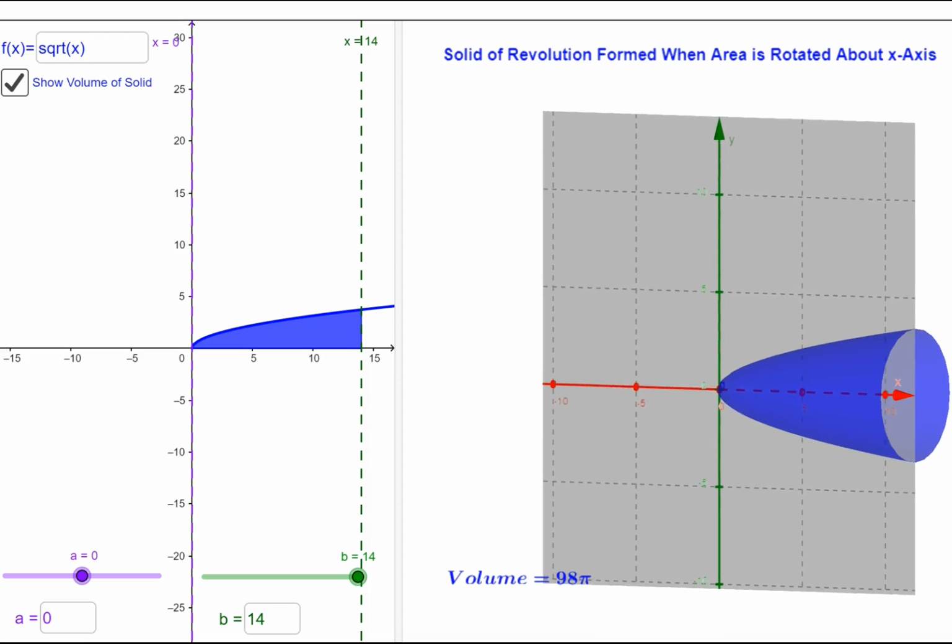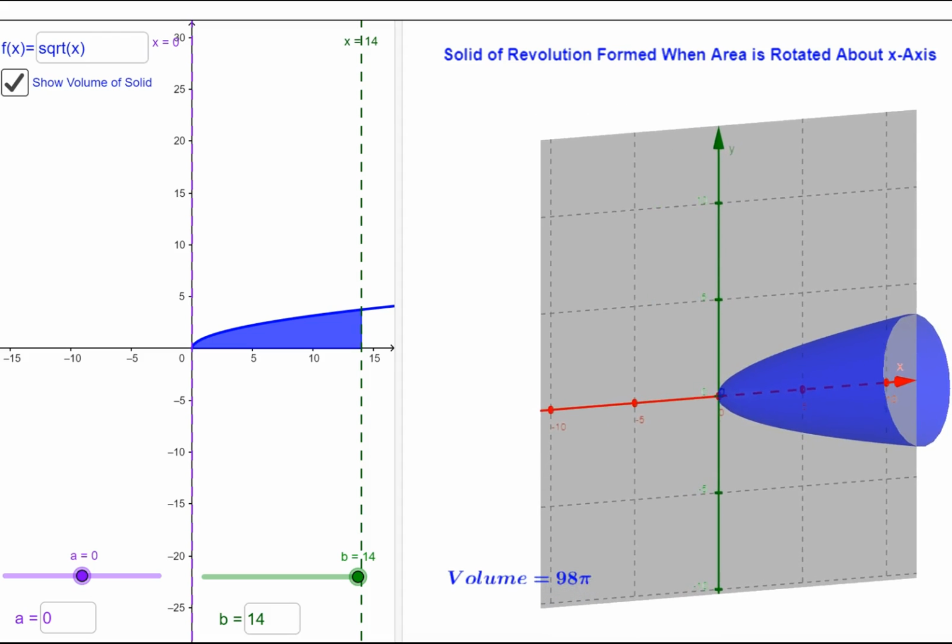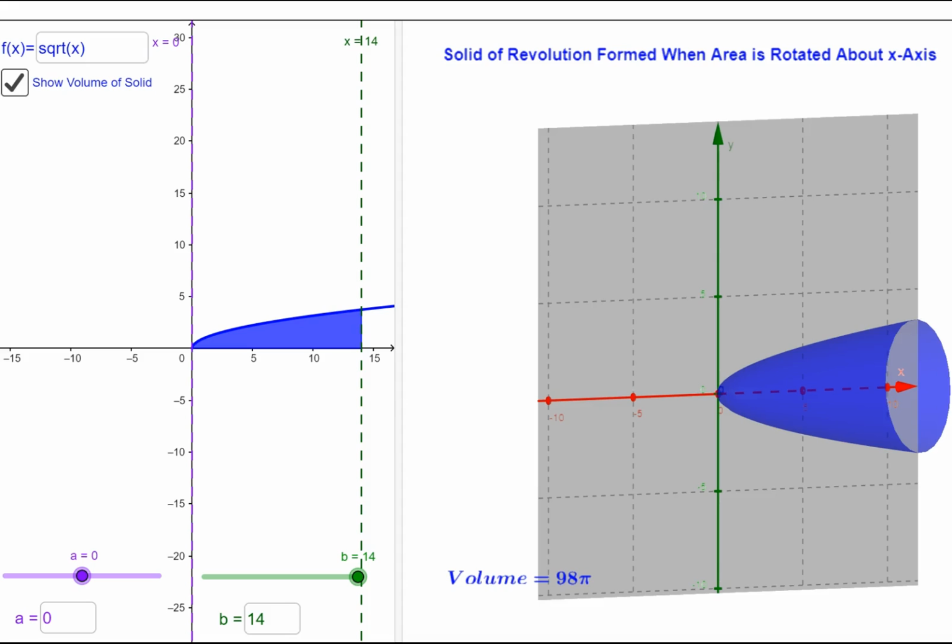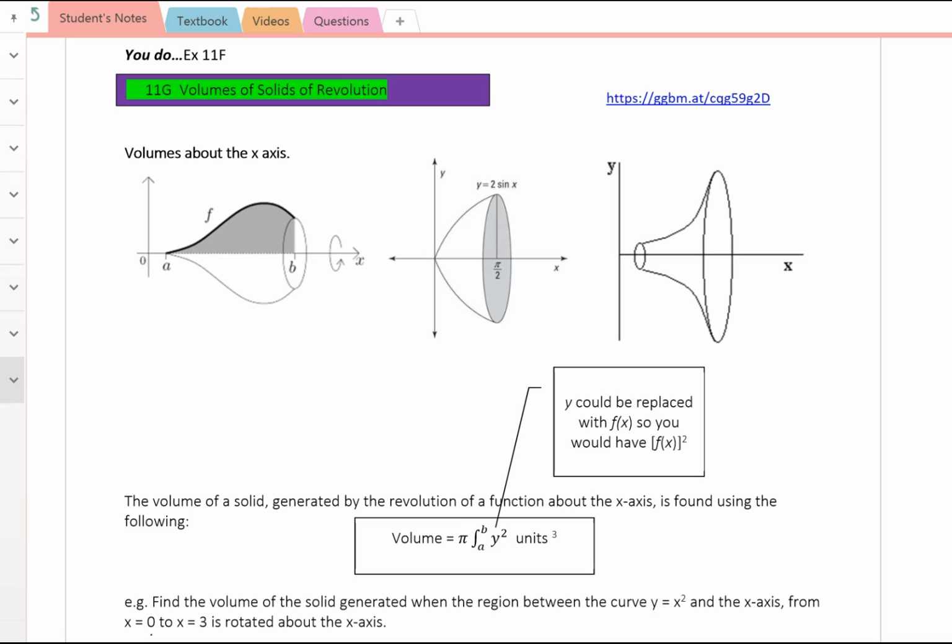It's a little bit like a pulled out cone shape. Now, to calculate the volume of the solid generated like that, we go back to our calculus. And our calculus does it very nicely and very simply for us.